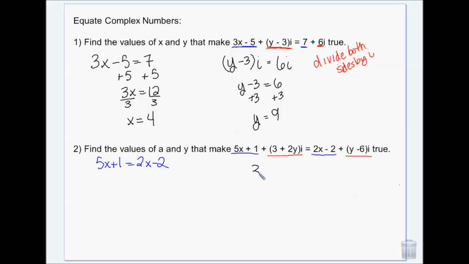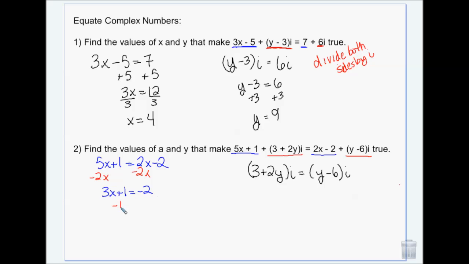So I'm going to solve. First, I'm going to subtract 2x from both sides, which is going to give me 3x plus 1 equals negative 2.